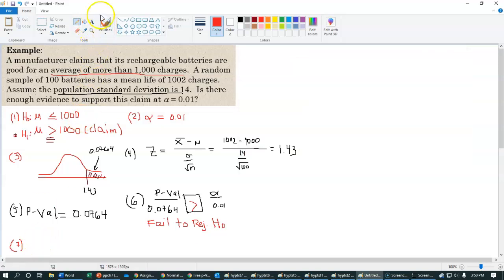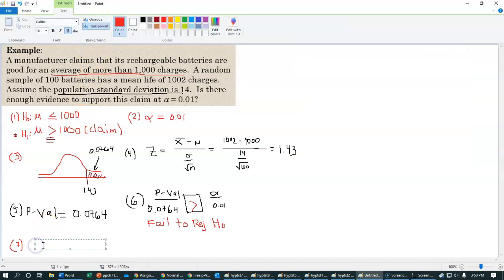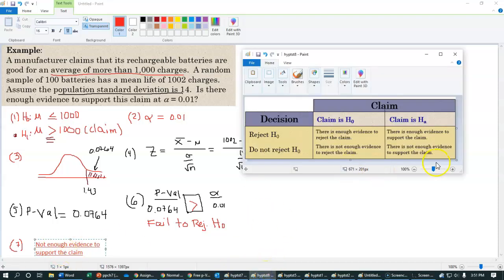Let me write that out here. There is not enough evidence to support the claim. Oops, I spelled it incorrectly. Support the claim. Okay, and again, how did I get that?